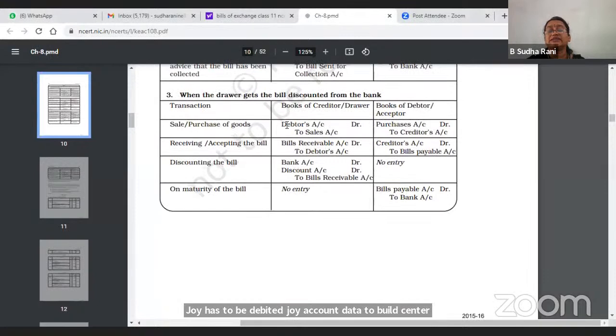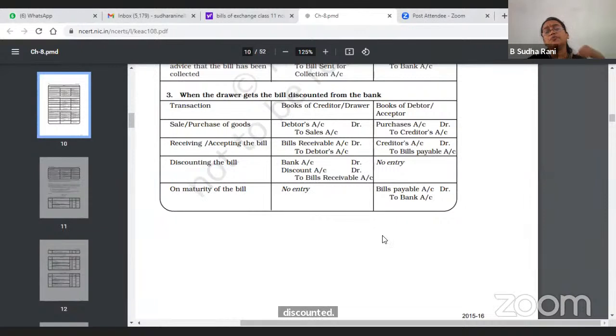Next, when the bill is discounted and dishonored on the due date. Actually, here we said no entry on the maturity date if the bill is honored. If the bill is dishonored, drawee account debit to bank account. Please note down in your books.